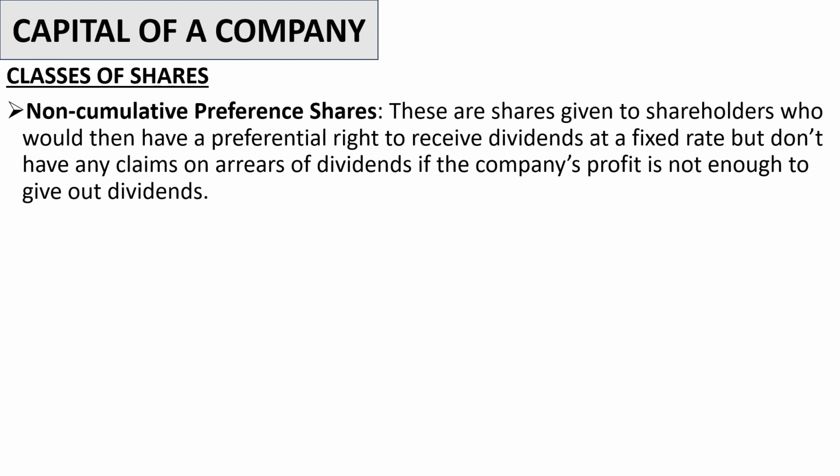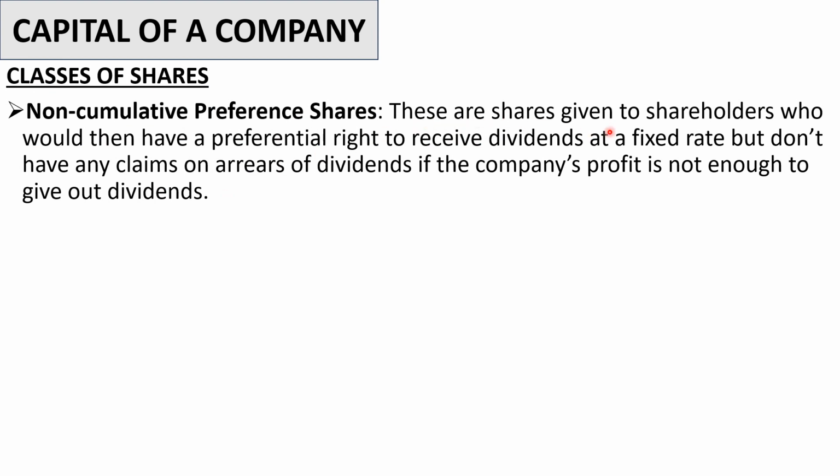So we've talked about cumulative preference shares. Once you buy those shares, whether the company is making profit or not, you're still going to be receiving your share as a cumulative figure. Now the opposite is called non-cumulative preference shares.